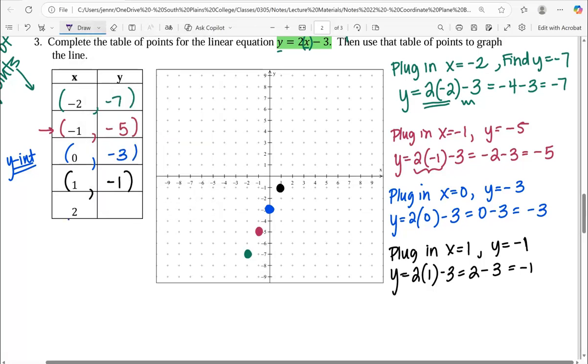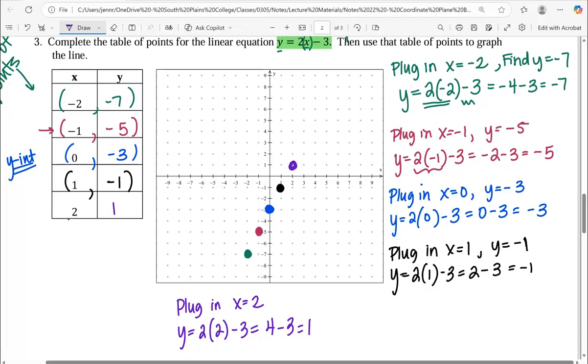And last but not least, if I plug in x equals 2, y equals 2 times, plug in, and subtract 3. 2 times 2 is 4, minus 3 is 1. 2, 1.